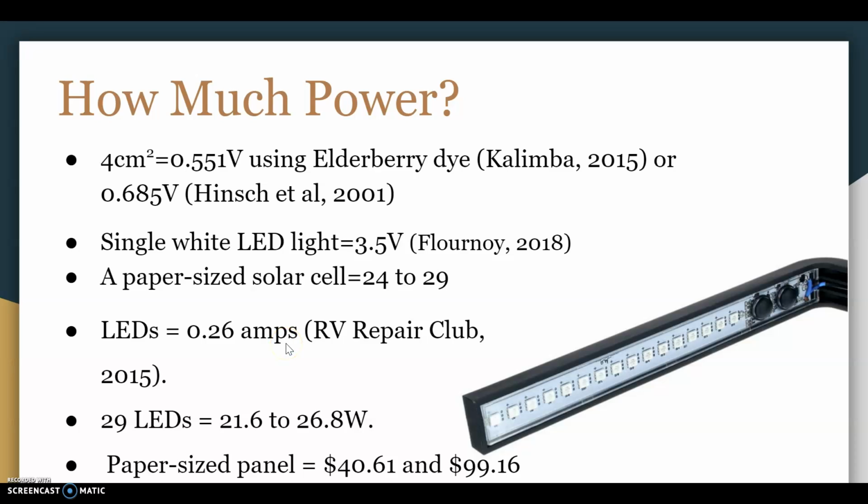Calculating that, 24 or 29 LED lights would amount to 21.6 or 26.8 watts. Our little paper-sized panel would cost, on the low end, $10, and on the higher end, $100. It depends on which state you are in, since the costs vary per state, but it could be pretty cheap making these.